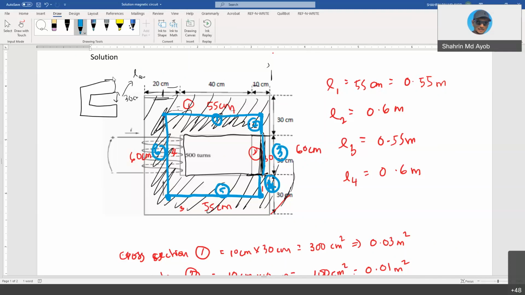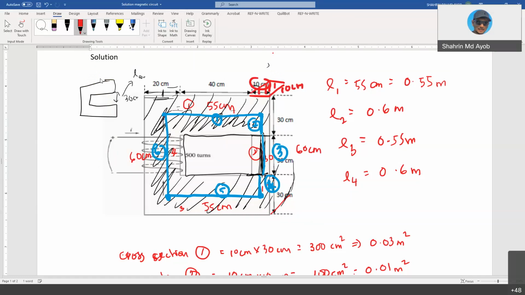So the cross section depends. For example, the cross section for section number 1 is this. 10 multiplied with 30. The cross section for section number 2, I need to draw. So the cross section is this one, 10 multiplied with 10.